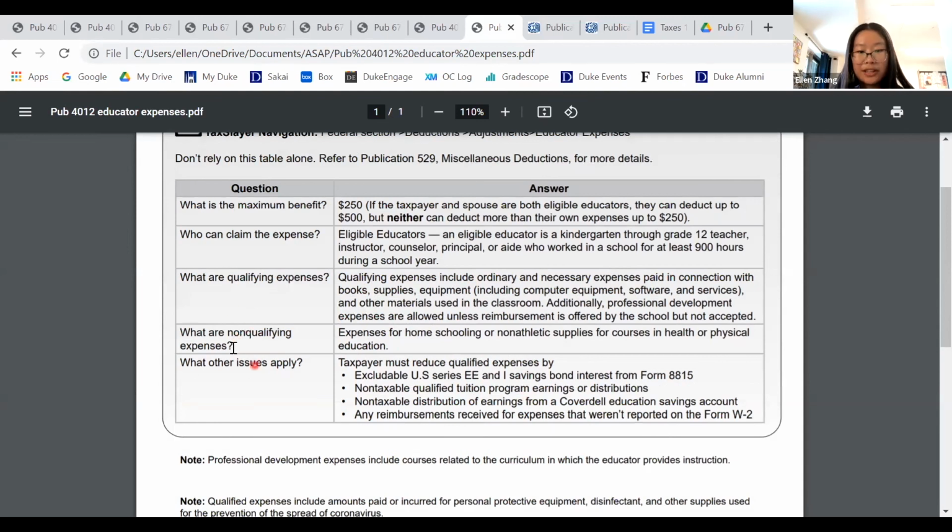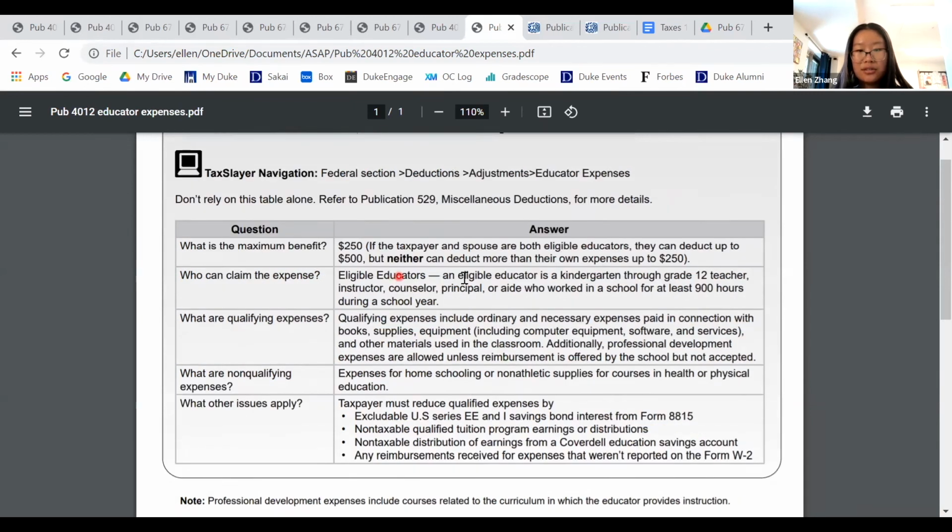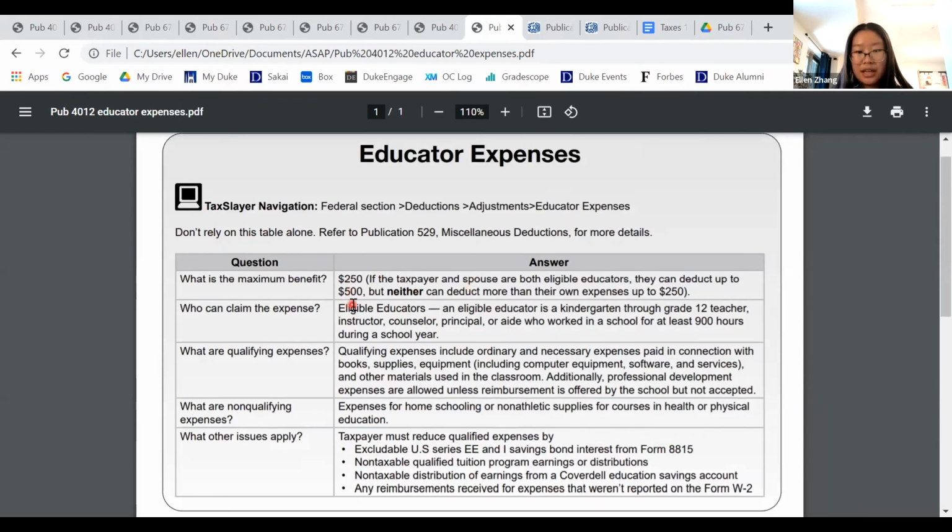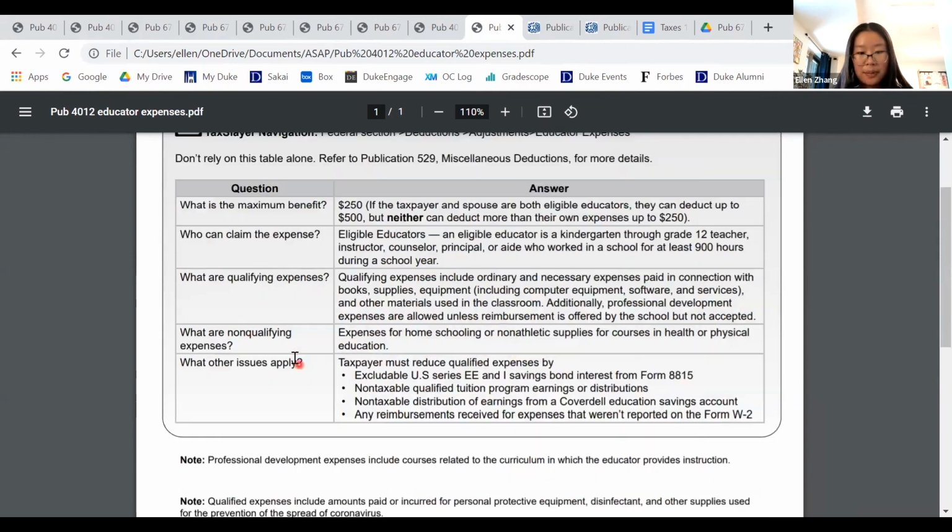Some non-qualifying expenses include anything for homeschooling or non-athletic supplies for health and physical education. So these qualifying expenses will determine how much of the adjustment that you can take. You can deduct up to $250 of these expenses for a single taxpayer, or if both taxpayer and spouse are eligible educators, they can deduct up to $500 of their qualifying expenses.